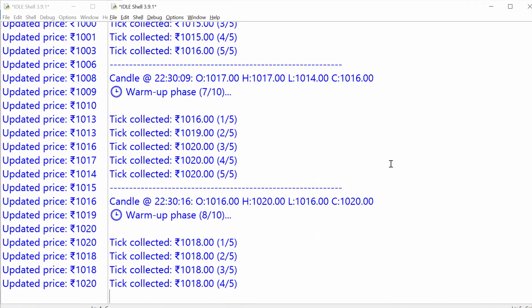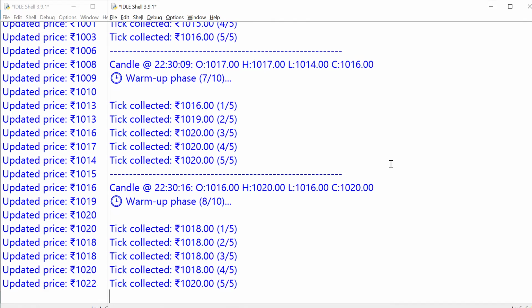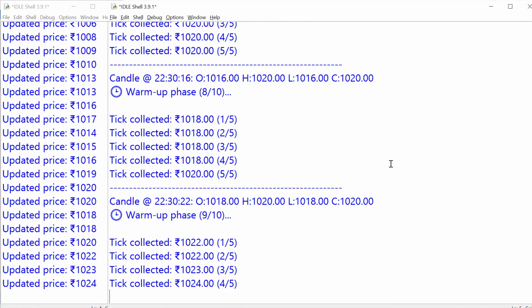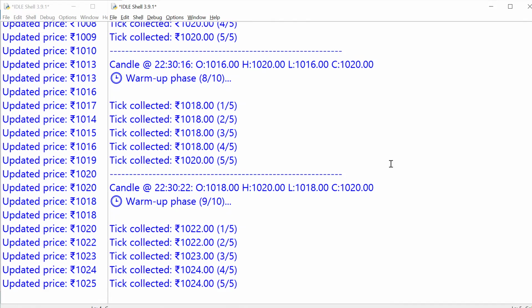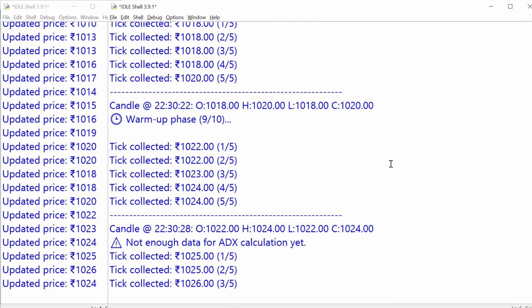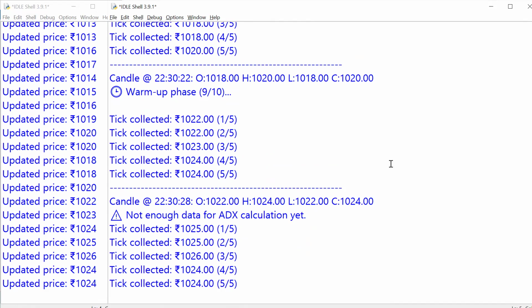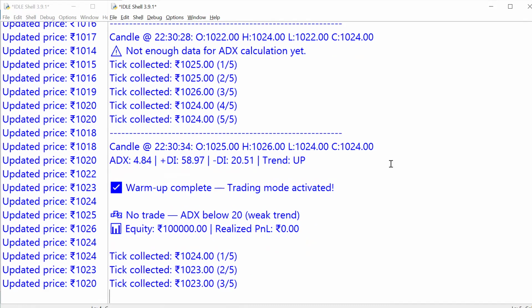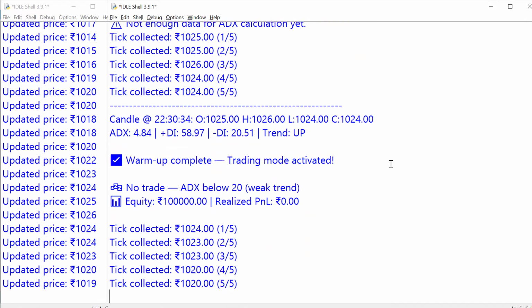Okay, in the calculation I showed only one time ADX calculation, but in the ALGO I have written 10 times. So 10 times it is warming up, it is collecting the data continuously. Now warming up is completed and we have started in trading mode.